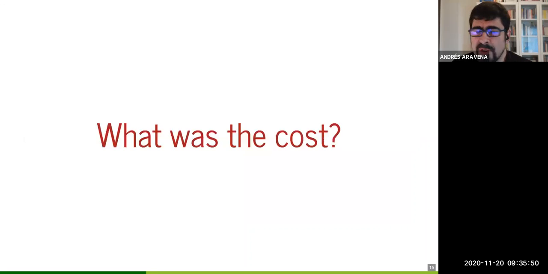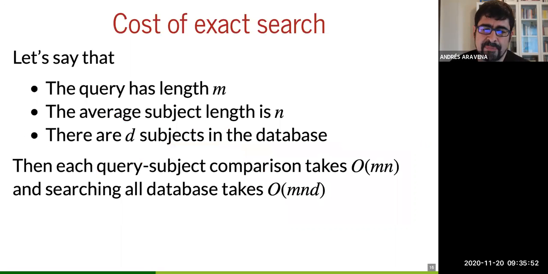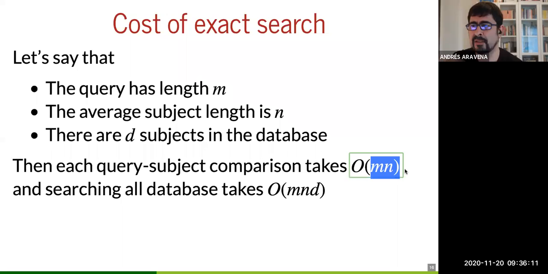So what was the cost? If the query has size m, like before, and the average subject length is n, every time you compare two words, you need m times n, like before, because you need to make the matrix, okay?